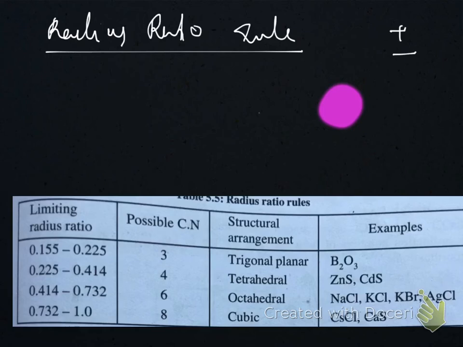And cations, which are smaller in size, can occupy the octahedral void. Once again, the anions having negative charge are bigger in size, so they can be arranged in FCC, CCP or in BCC.